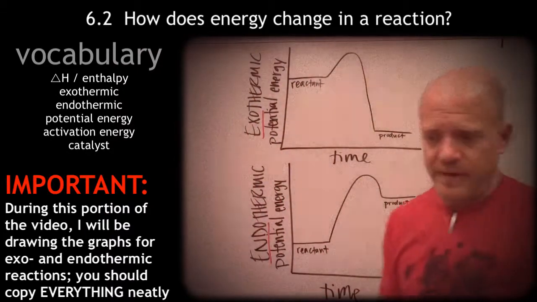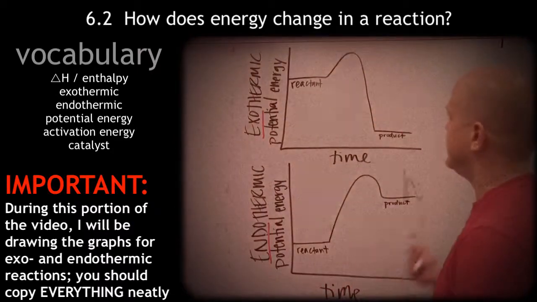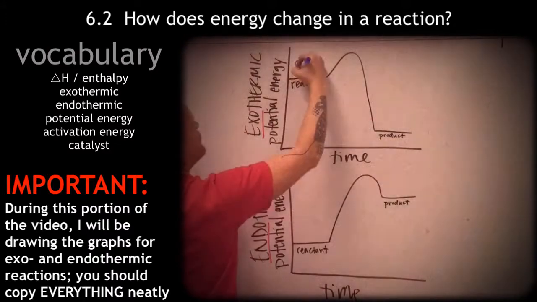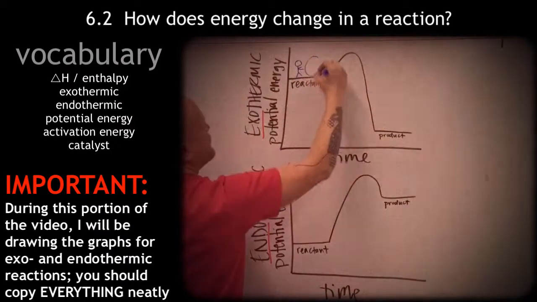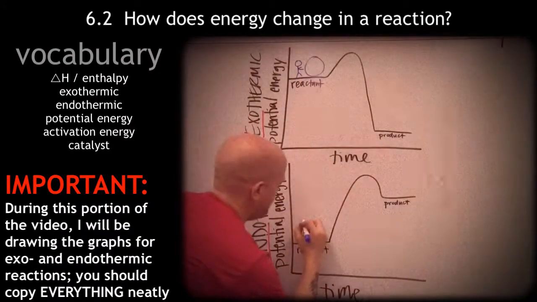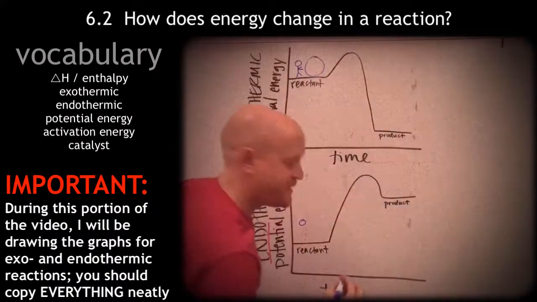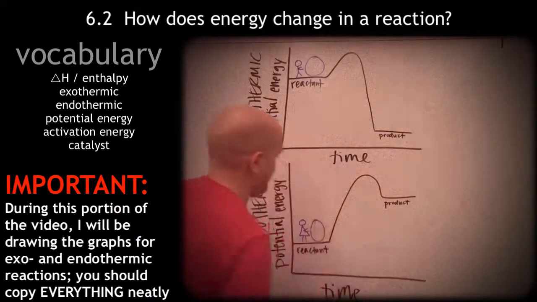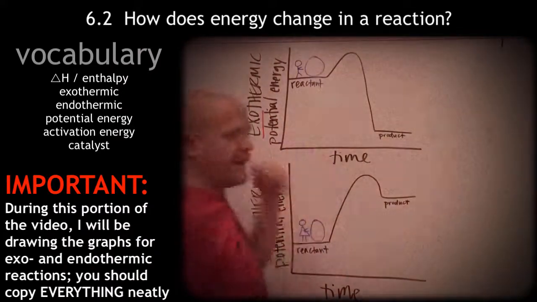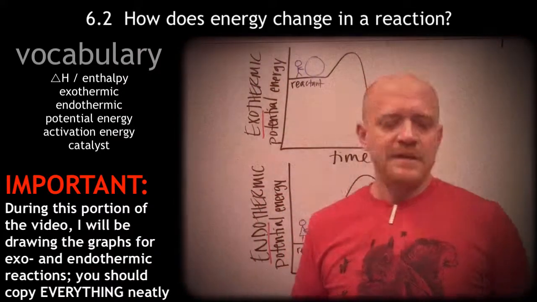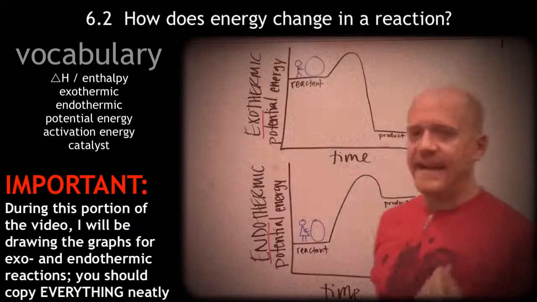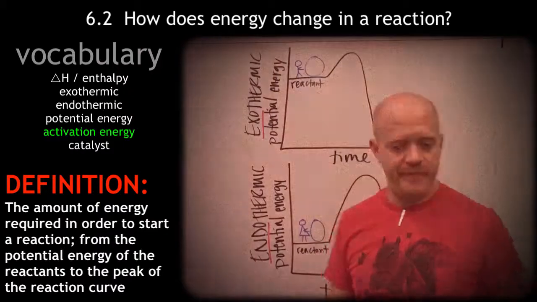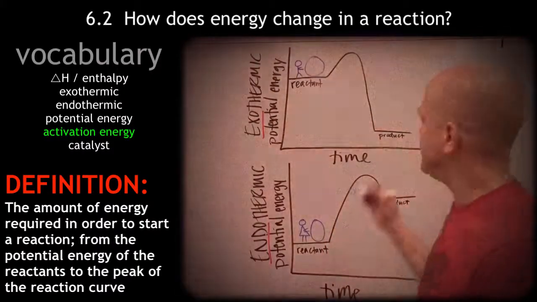So one way to think about this when you're looking at these problems is you always want to think about some person rolling a ball. Could be a man or a woman, or rolling a big stone over a hill. So the amount of energy that it takes to get that ball rolling on its own is called the activation energy.